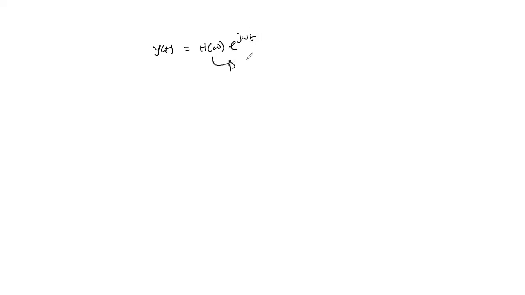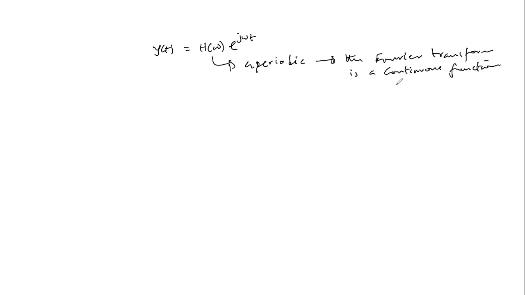So for an aperiodic signal, the Fourier transform is a continuous function, where x of t is the same as e^j omega t, an aperiodic signal. Okay.